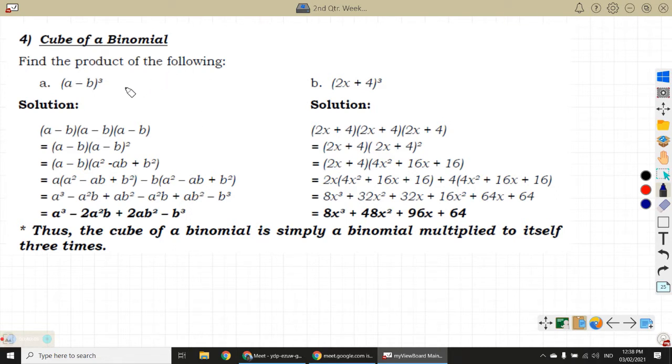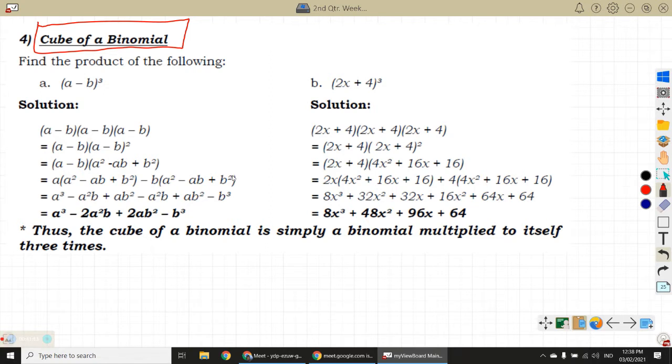Find the product of the following. Ang tawag natin dito ay cube of a binomial. Okay? Ito lang naman yung isa sa pinakamahirap, no? Actually, ito na yung pinakamahirap. Madadali lang yung pinakita ko sa inyo kanina. Foil method. Box method. Okay? The square of the sum and the difference.